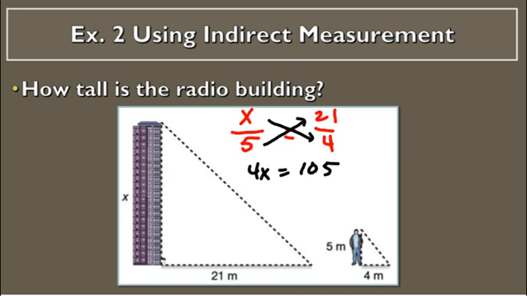To get x by itself, we divide by 4, and x equals 105 divided by 4, which gives us 26.25 meters. So again, we're just using our scale factor, but you also notice that we're still using the golden rule of algebra. Whatever we do on one side, we do on the other.